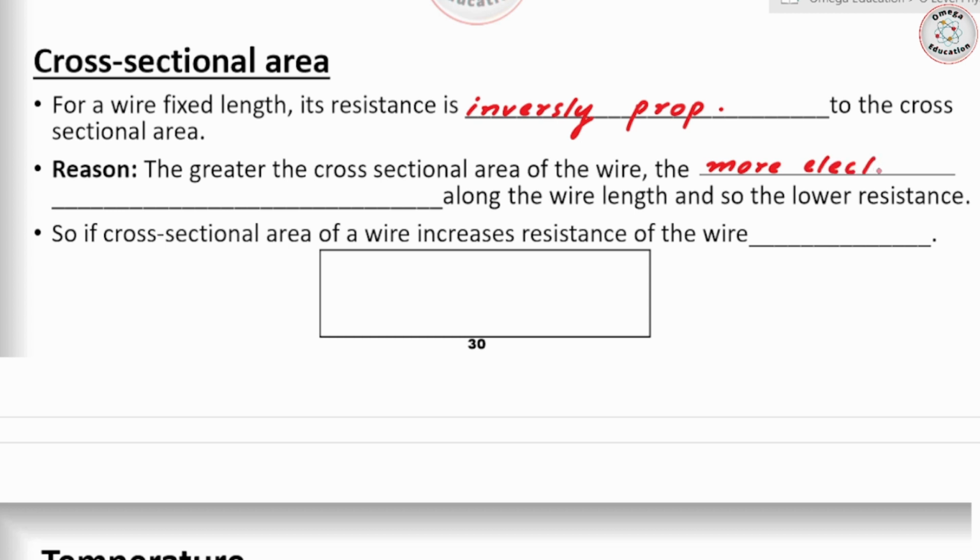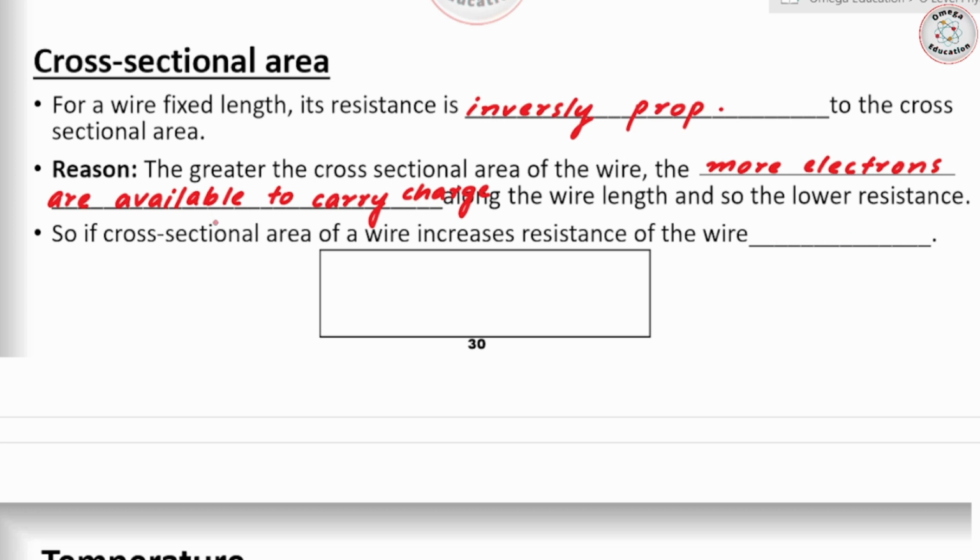The more electrons are available to carry charge along the wire length, and so lower resistance.